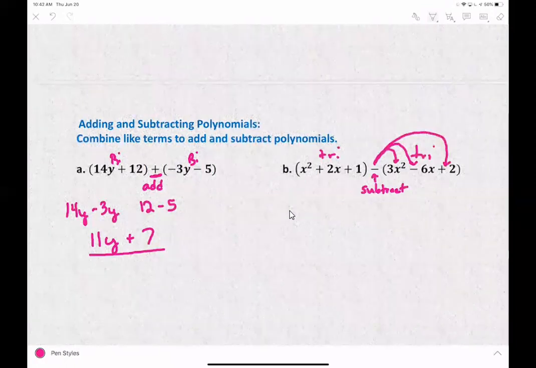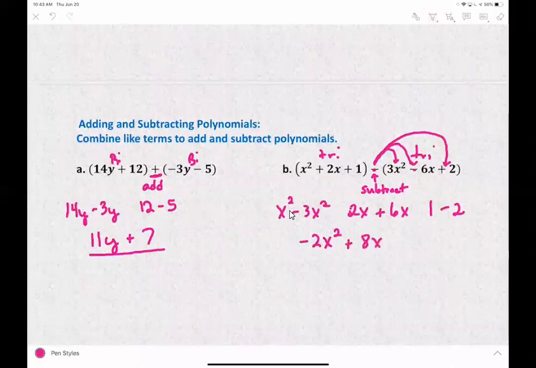So when we combine like terms, x squared is going to be like negative 3x squared, 2x, and notice I'm going to do this negative times a negative makes that a positive 6x. And then our 1, and I'm going to distribute this negative again to the positive, so that's going to make that a negative 2. So we're going to get a negative 2x squared plus 8x minus 1 as our difference.